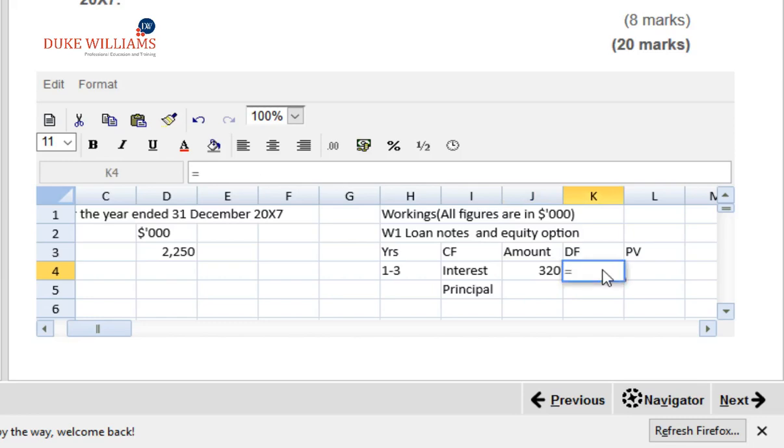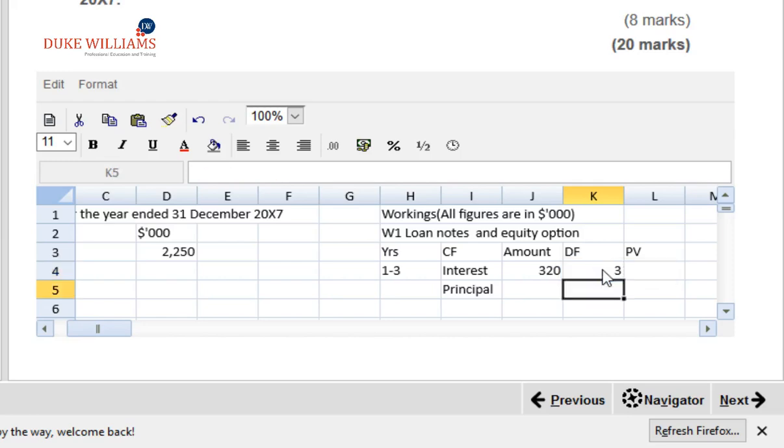Now the discount factor will be the sum of the discount factors for the individual years, which will be 0.9434 plus 0.890 plus 0.840.